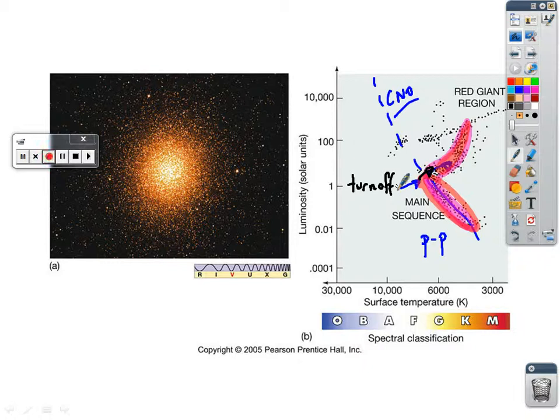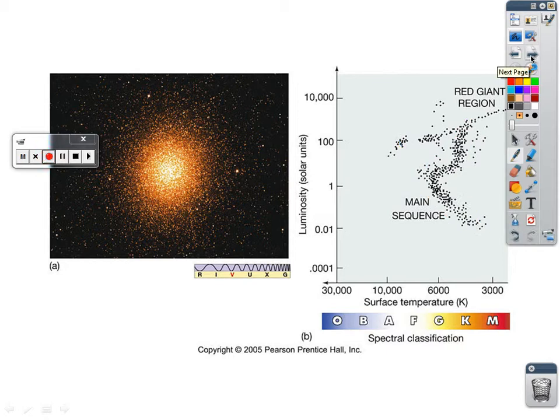Okay, so let's just recap. What do we see on a globular cluster? This is just a typical globular cluster. We see the fact that there are no O and B stars and very little A stars left. We have a turn-off point, which is somewhere in the F and the G range.